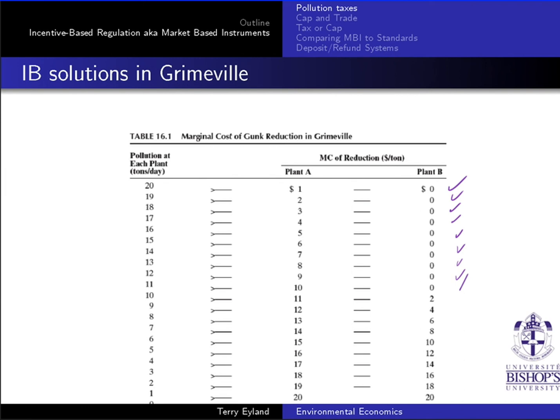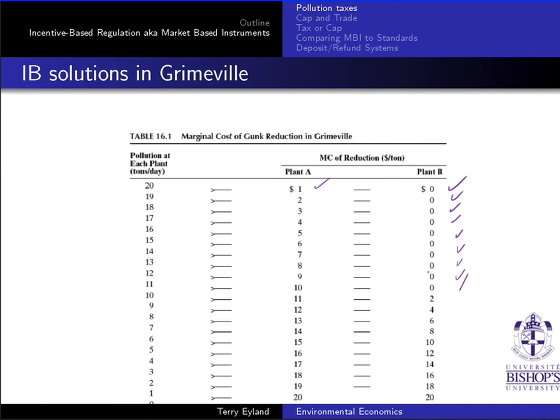And if we wanted to keep on reducing pollution, the lowest cost here would be $1, and then 2, and so on. If we wanted to reduce the level of pollution by 15 units, what makes the most sense is not to have each of them reduce 8 units each.